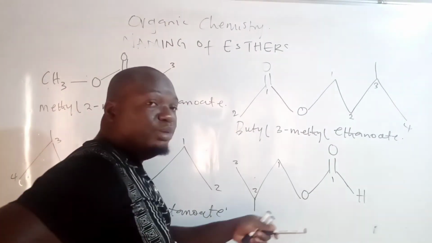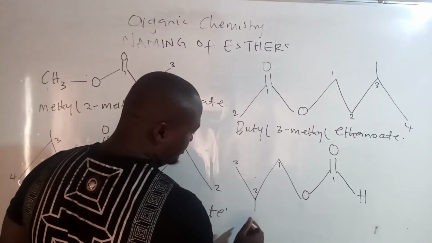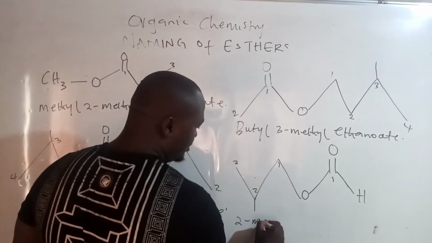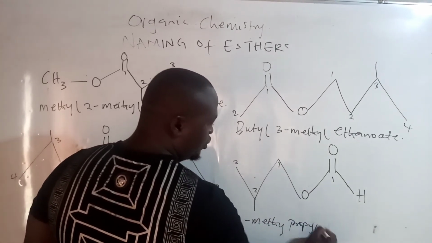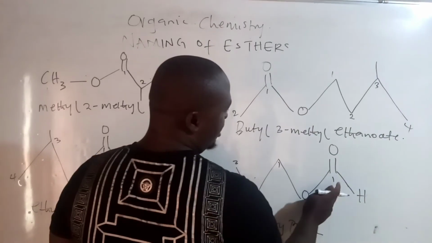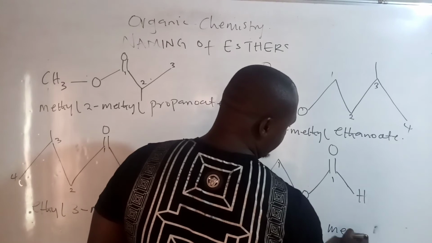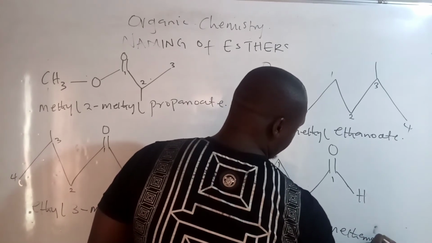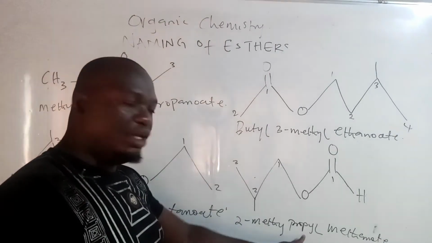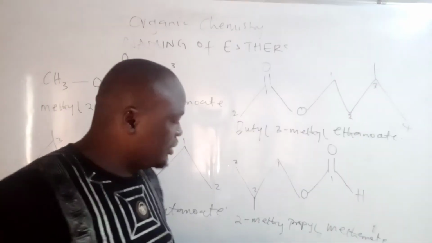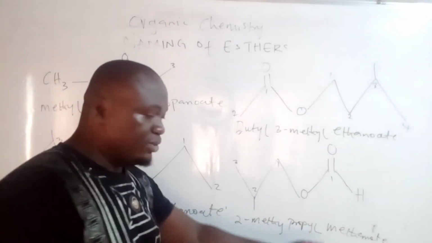So M comes before P. So I'm going to write this as 2-methyl propyl. Now this is just 1, right? So methanoate. I'm not going to write propyl 2-methyl methanoate, because M comes before P, right? So that's why I wrote it this way.